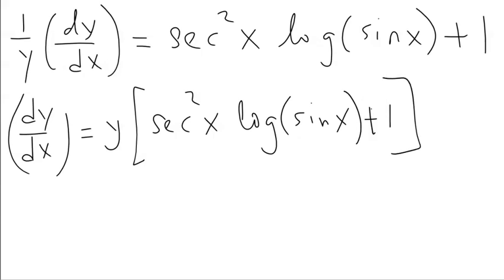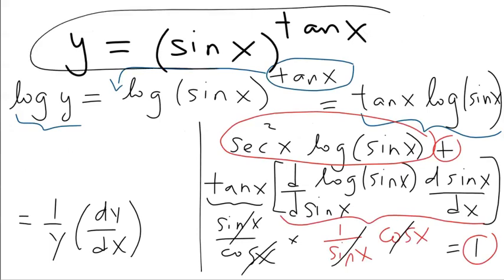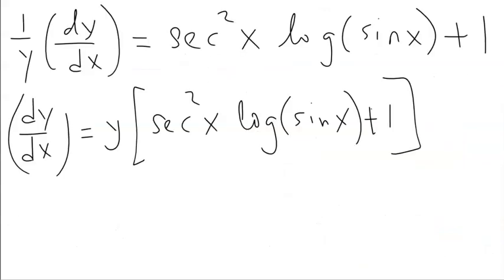Now what is y again? y was the original function, which is sine x to the power tangent x. So if you put that inside, you get the final answer to this derivative.